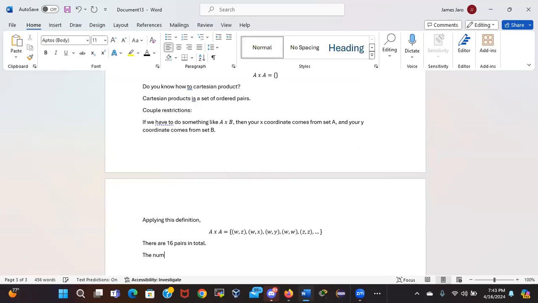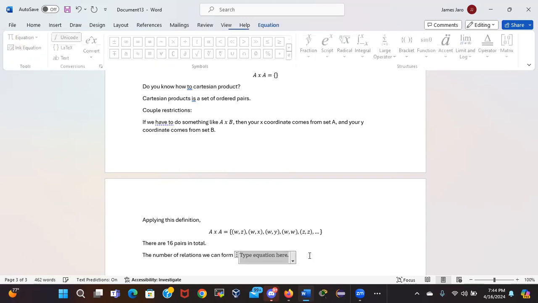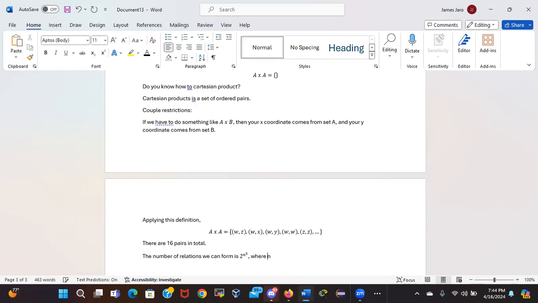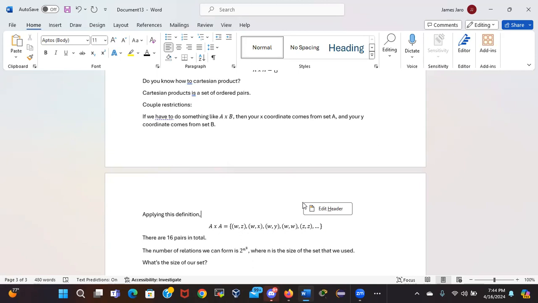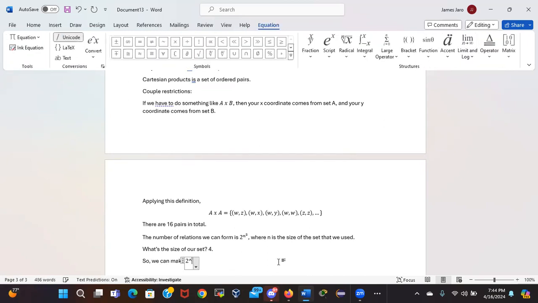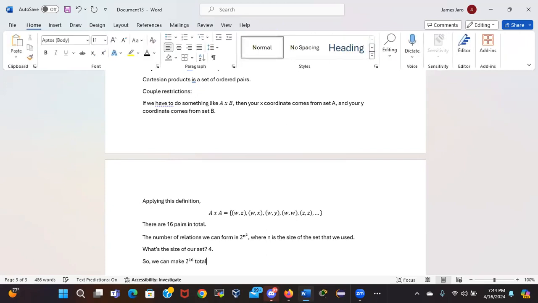The number of relations we can form is 2 to the power of n squared, where n is the size of the set that we use. So what's the size of our set? Yeah, 4. So we can make 2 to the 4 squared, or really 2 to the 16 total relations. Does that make sense?